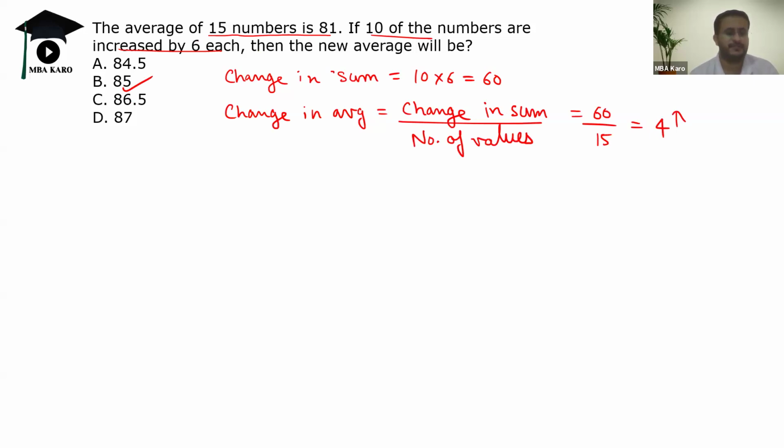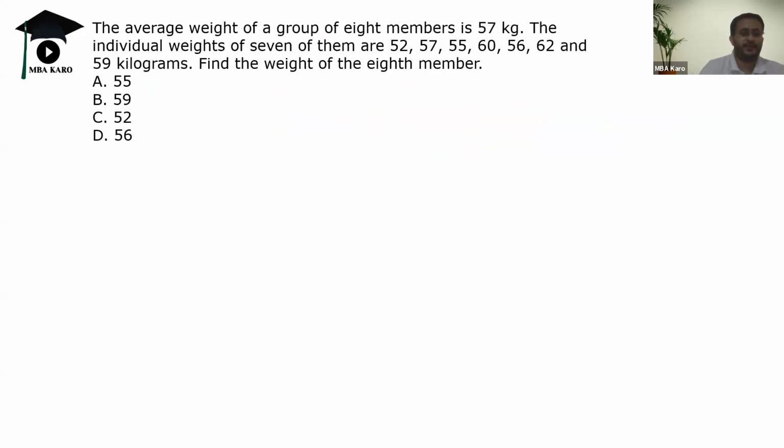All right, let's see the next one. The average weight of a group of members is 57 kg. The individual weights of 7 of these people are given to us. We need to find the weight of the 8th member.